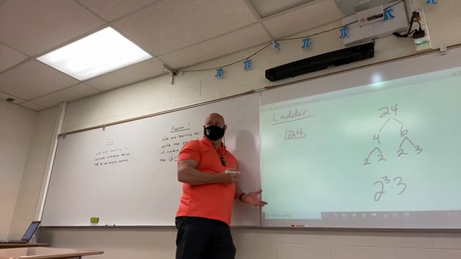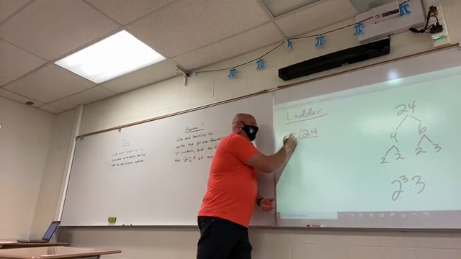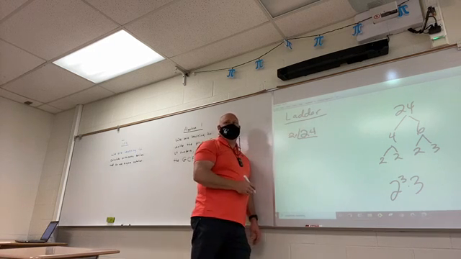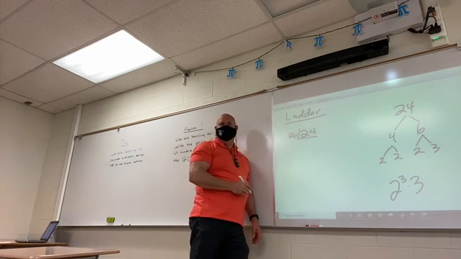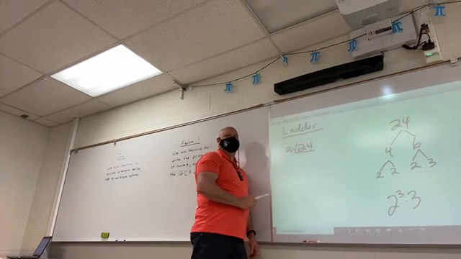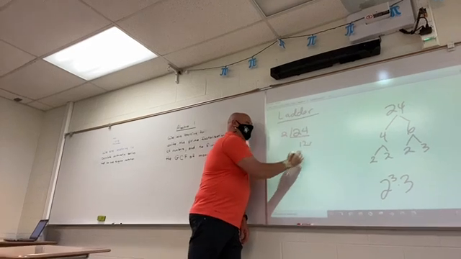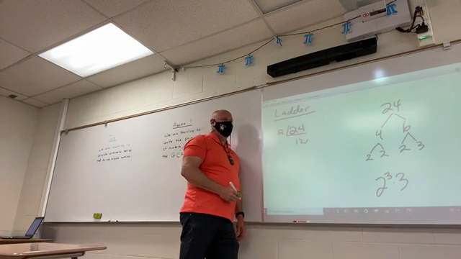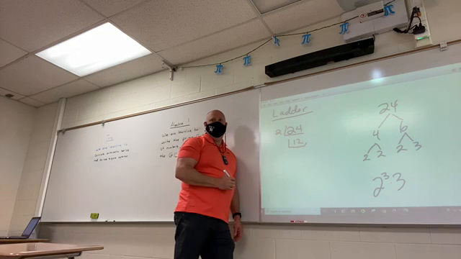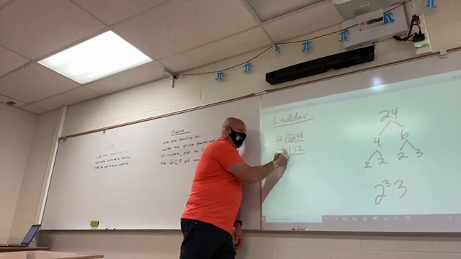Well, it's even, so you can divide it by 2, right? So you put a little upside down division sign, and we say we're going to divide by 2. What is 24 divided by 2? 12. Great, now you're at 12. What prime number can I divide the 12 by? I can do another 2, right?